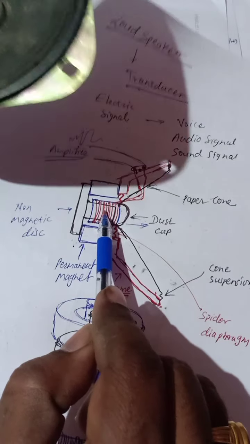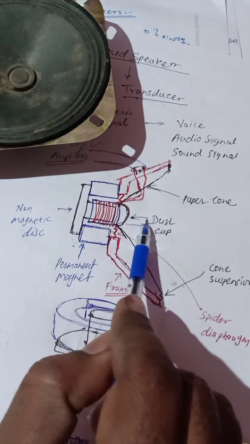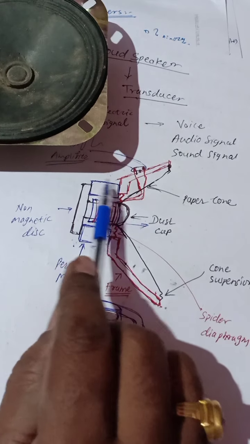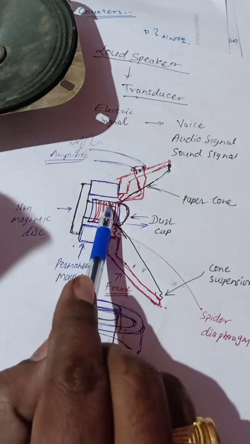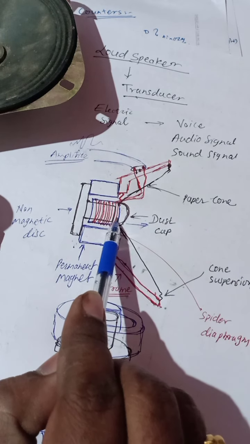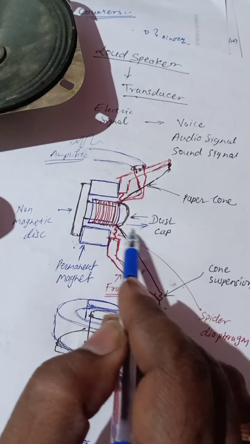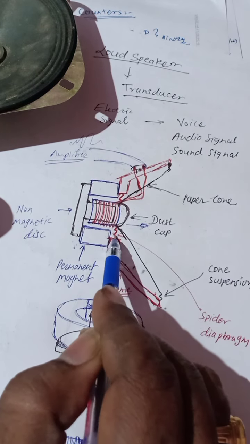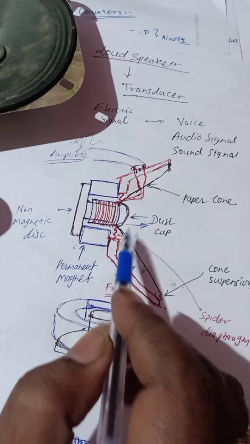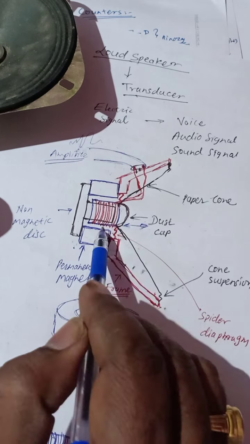It keeps changing, which means there is no fixed repulsive action. It is thrown out, and if the signal is at the negative side, the opposite force is generated, and this coil is brought back to its original position. So there is continuous vibration.